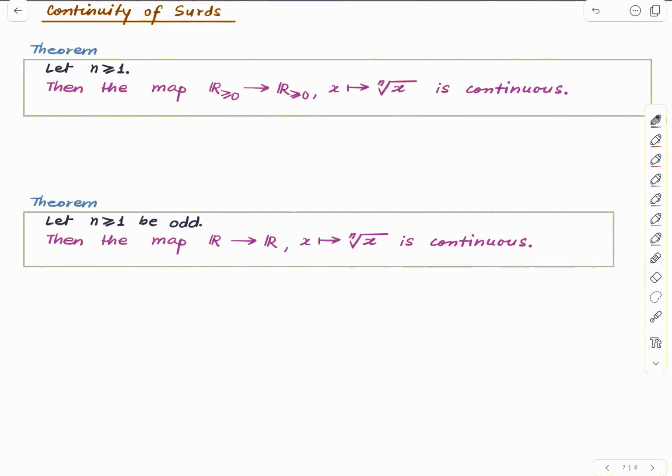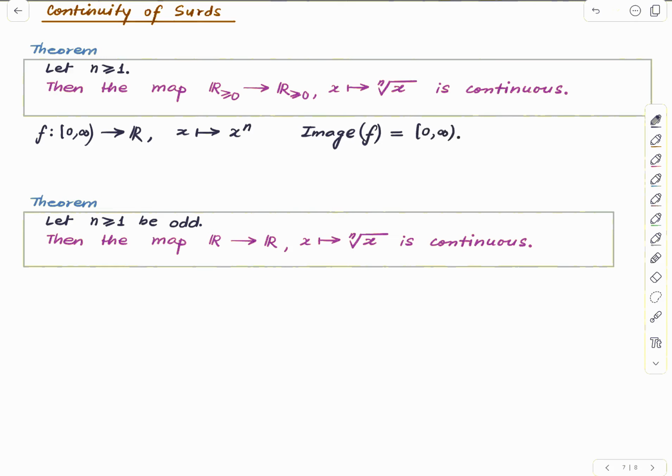So how do we prove this? We have this function f defined on this interval, which takes x to the power n. And this is an injective continuous function whose image is this thing.